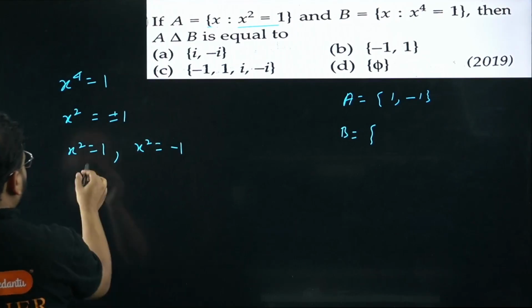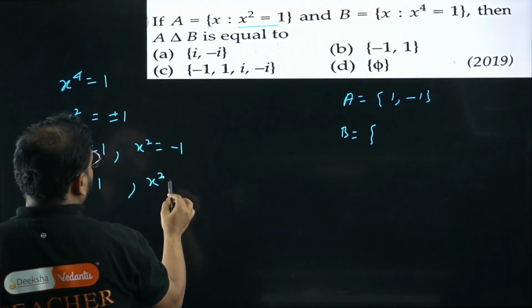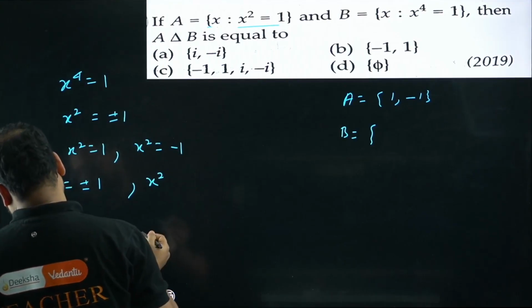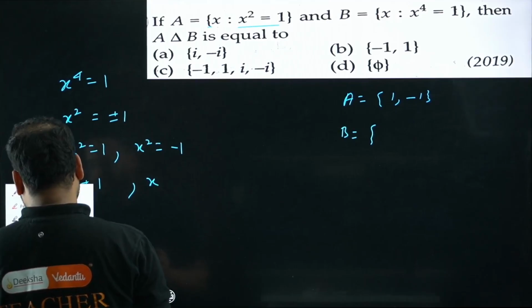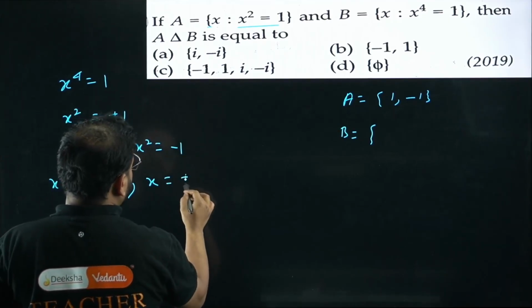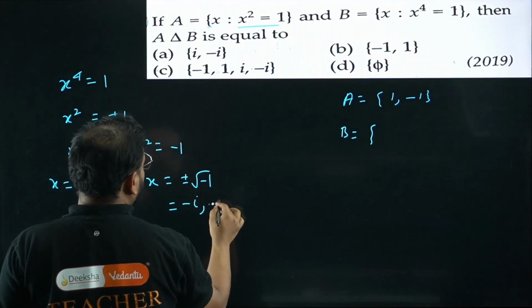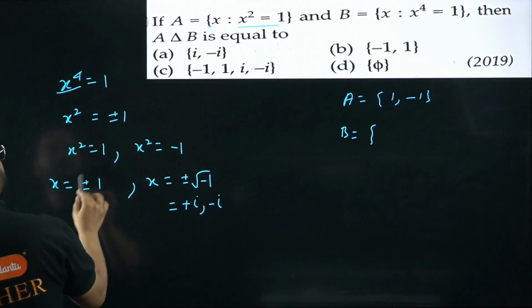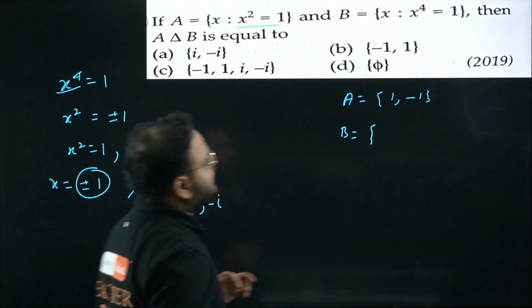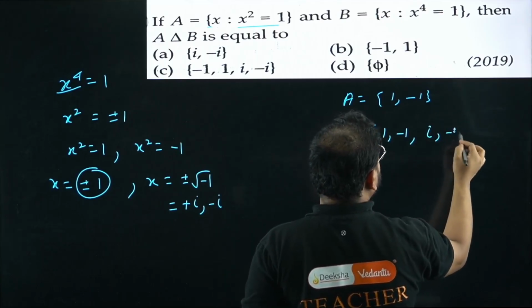From the first you get x equals plus minus 1, and from the second x equals plus minus root of minus 1, which gives plus I or minus I. So you have 4 elements, plus minus 1 and plus minus I. So B is 1, minus 1, I and minus I.